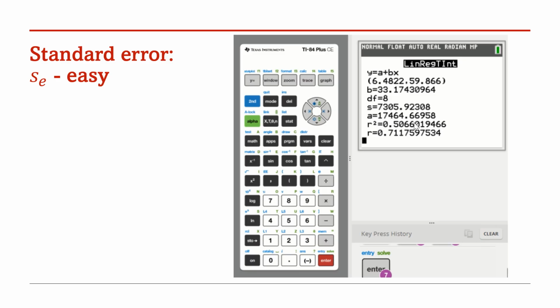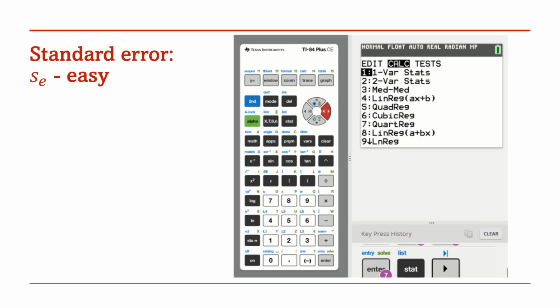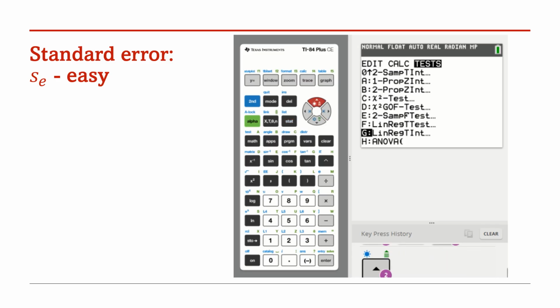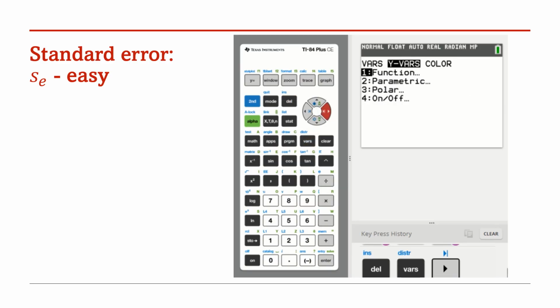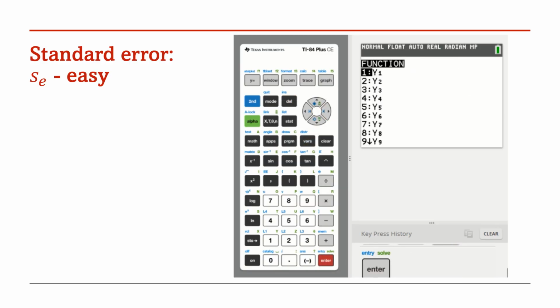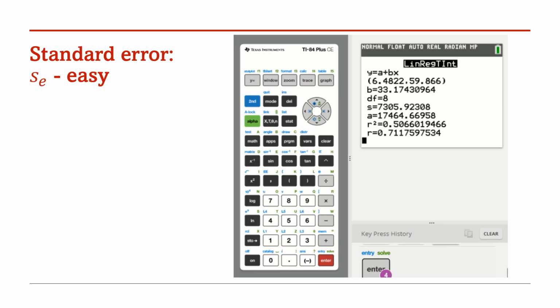Another thing that it could be useful for is stat tests. Go up to here. It is right here at the reg EQ. Let me delete that so I can show you where that comes from. If I go to vars and yvars and function, tell it to put that in y sub 1 or whatever function I want, enter.